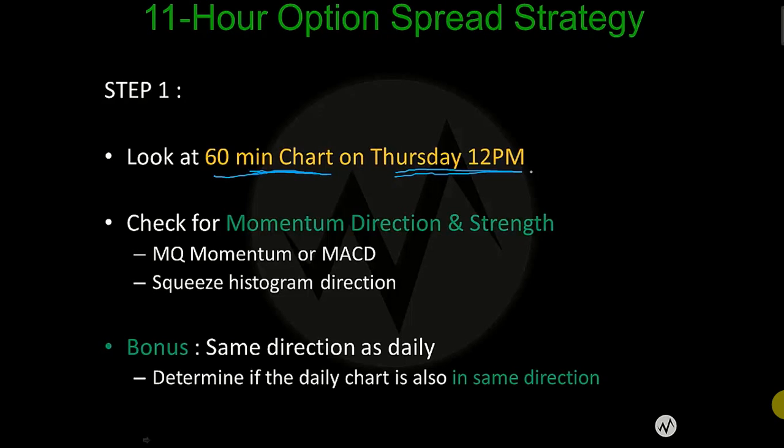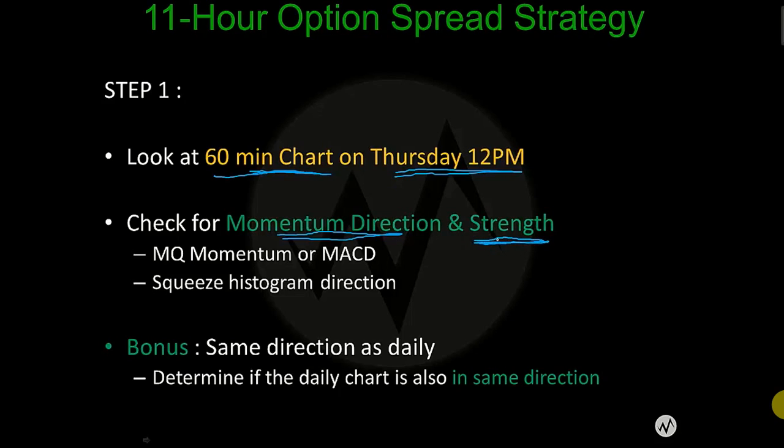I will be looking at my chart for my momentum direction. Look at your momentum indicator. I want to know which direction it is going. Is it going up or is it going down? And I want to know, did it just start or has it been running strong in that direction for a while? I want to know its strength.